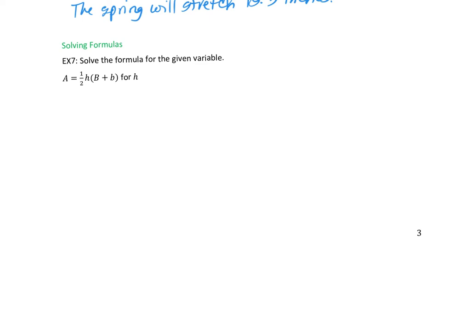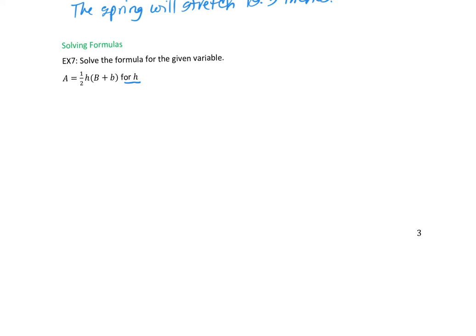So maybe I don't want to find the area. Maybe I want to solve this formula for H. B stands for the longer base, little b stands for the smaller base. Maybe I'm going to put in different areas and bases and try to get a height, see how the height changes. So oftentimes we want to solve a formula for a specific variable. So get that variable by itself on one side of the equal sign.